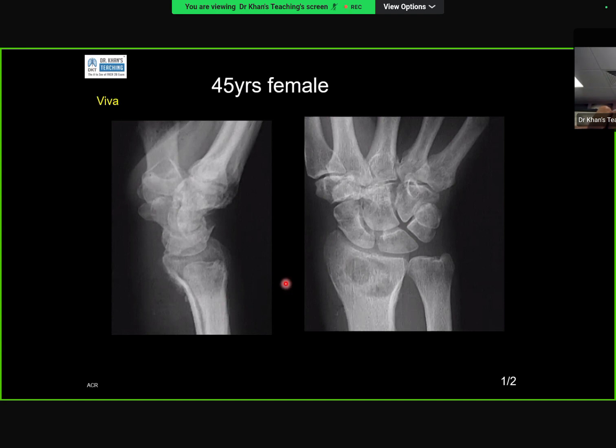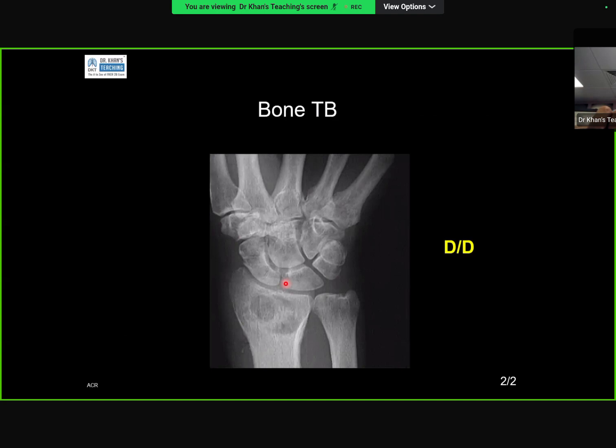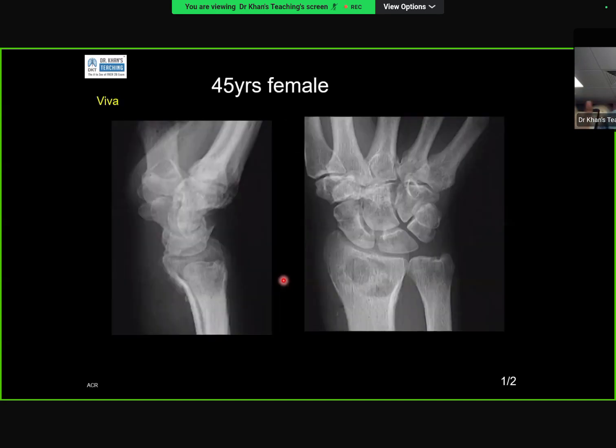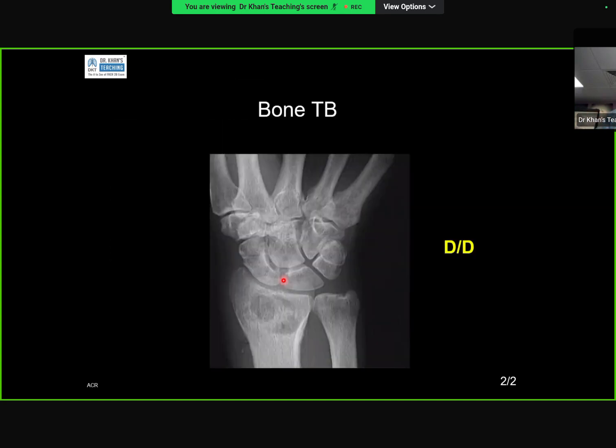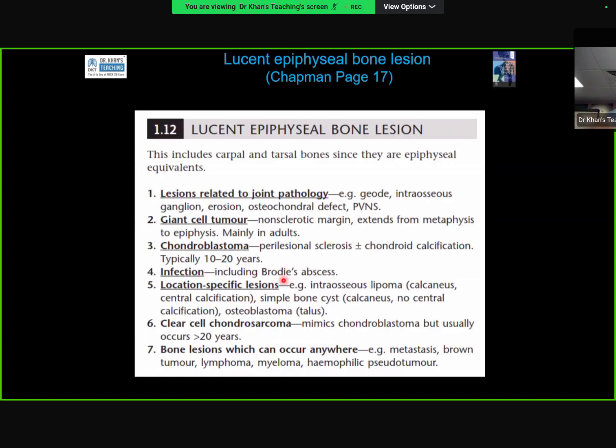Now comes the differential. Initially you were looking for aggressive lesions in the distal radius in a 45-year-old. You said metastasis. Fine, I'll take it for the simple reason that it is rare, but it can happen. Absolutely, I'll take it.